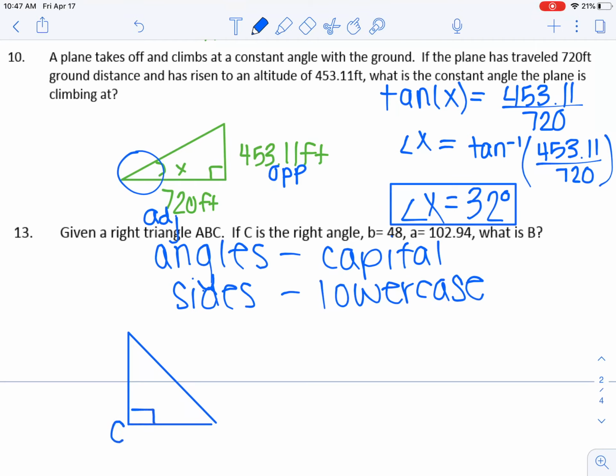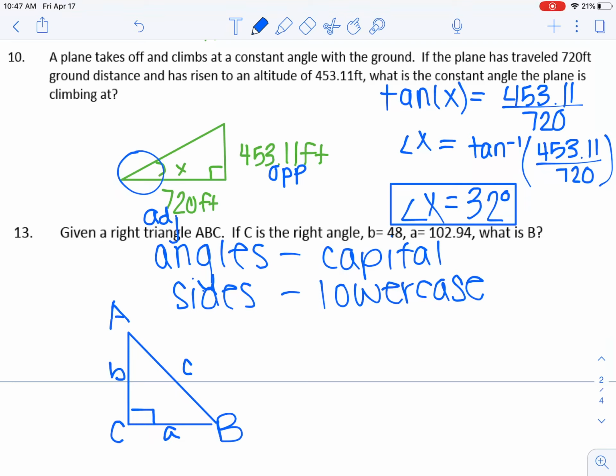So we've got C, A, and B. Okay, and then the side a should be across from angle A. The side c should be across from angle C, and the side b should be across from angle B. So let's take a look at what we are given.